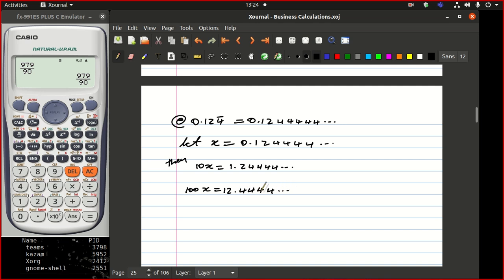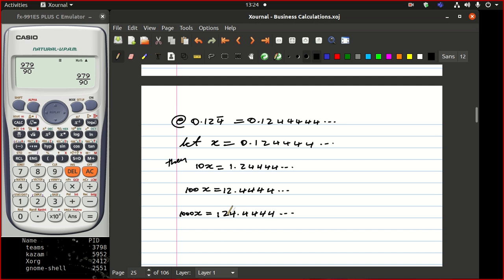When you check this number here, it is not the same as that, and it's not the same as that. So you continue to multiply. That's what you do. So you multiply by 1,000 now. In other words, you move the decimal point by 3 times. So you move it 1, 2, 3. So we'll end up having 124.444, because we move it 1, 2, 3, and then we continue having 4s.